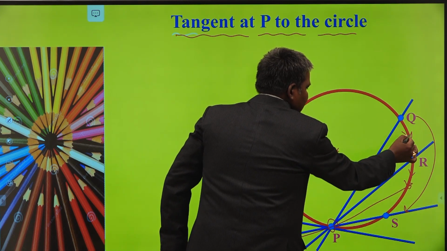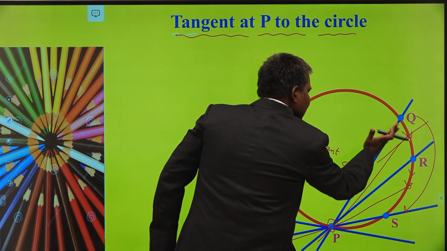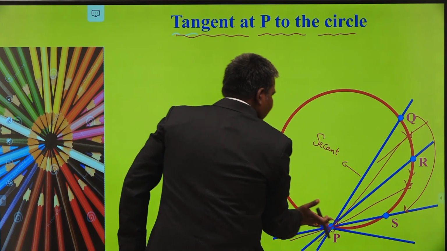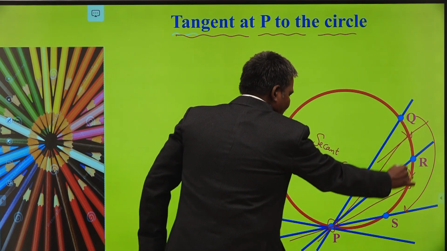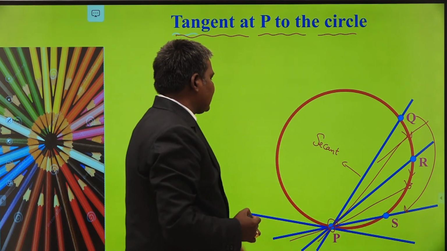Suppose it is here, the secant line is in this manner. After some time, when Q approaches P, your secant becomes tangent to the circle.